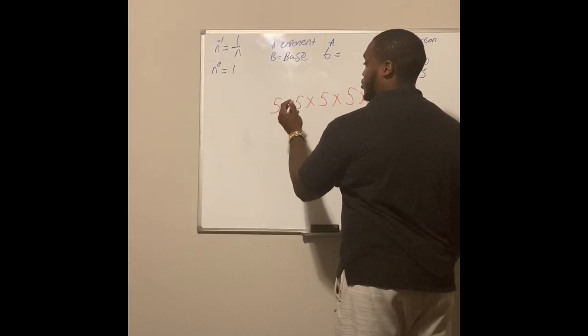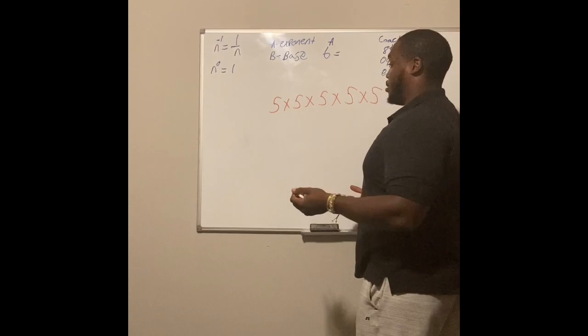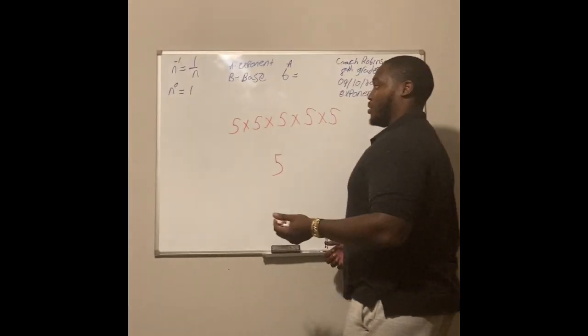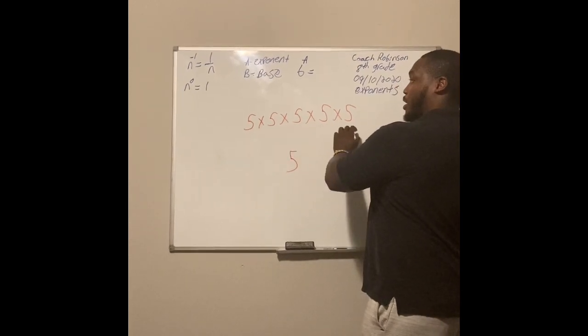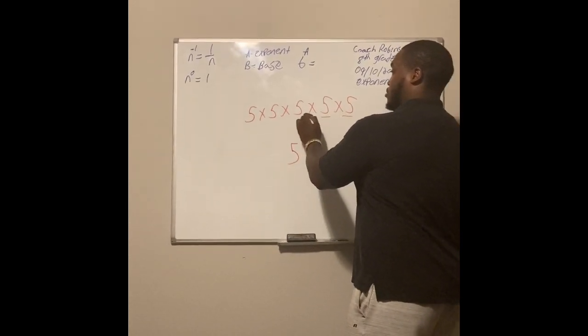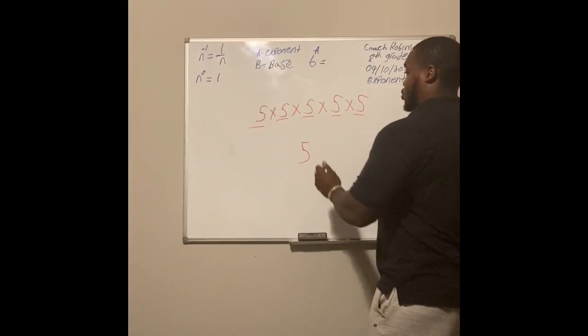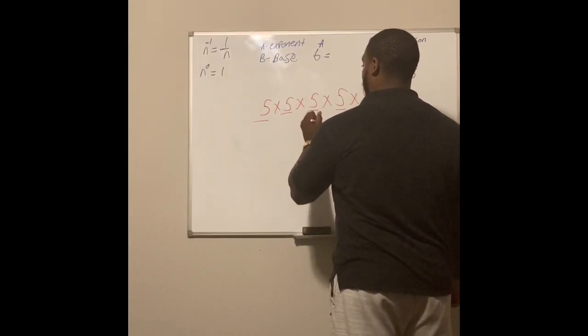So you get the base by the number being used, which is 5, right? And the exponent is the number of 5s you have. So 1, 2, 3, 4, 5. So this will be 5 to the 5th power.